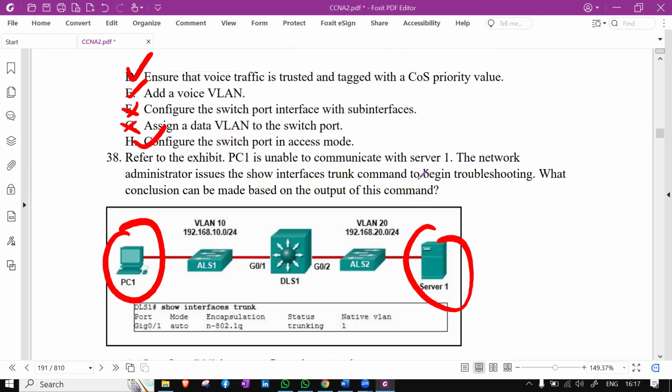What conclusion can be made from this? What's the problem? I just want an answer from looking at this show interface configuration. What's the problem?